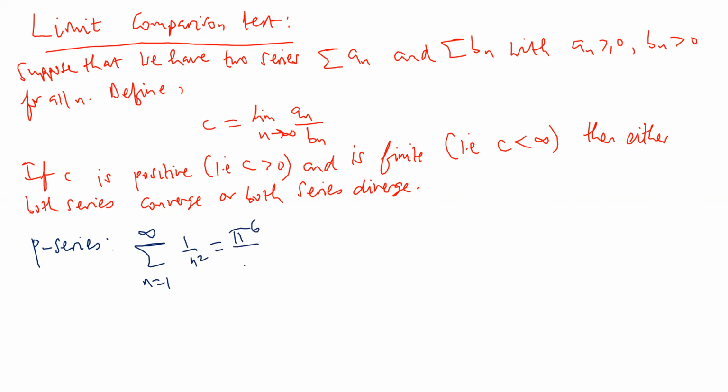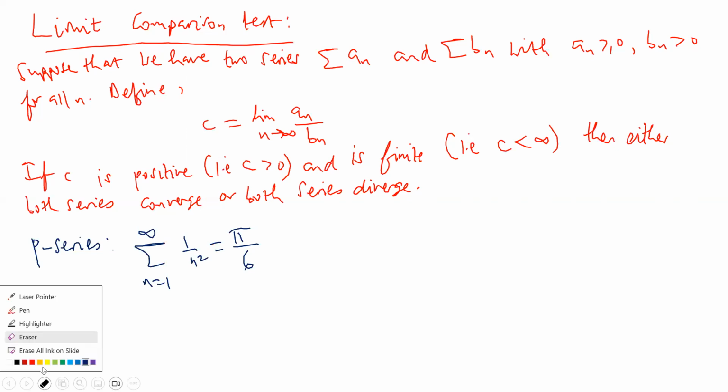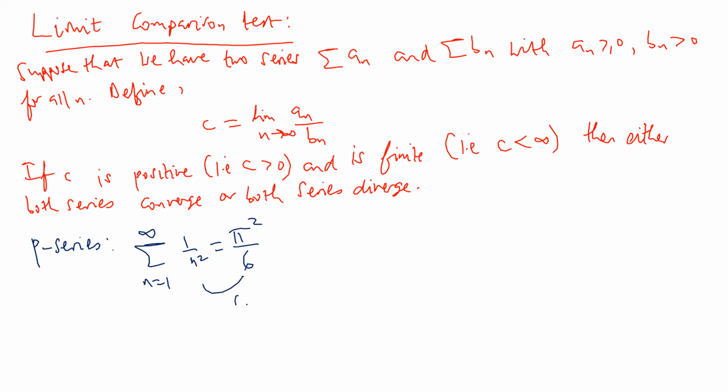Oops. Pi squared, goodness me. Okay, this one is pi squared over 6. But obviously, because the sum exists, in other words, it's a convergent series.